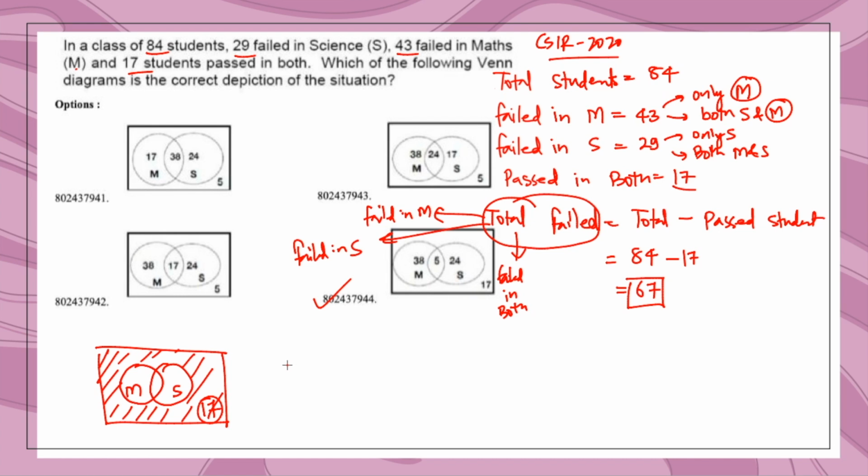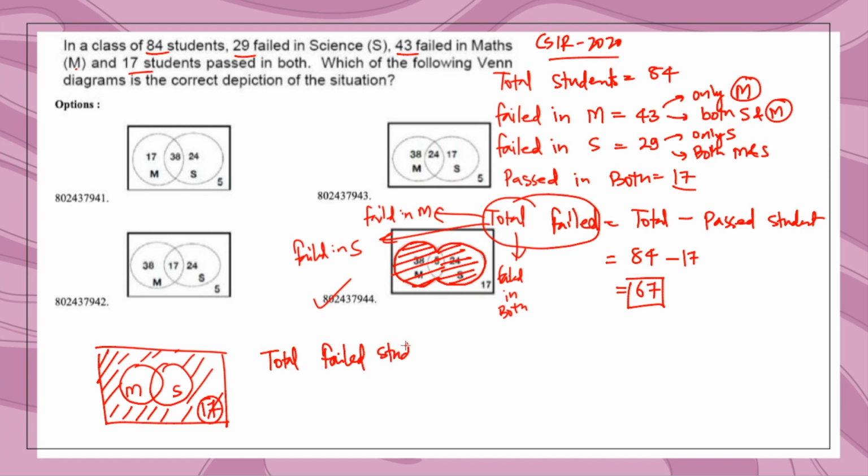In the Venn diagram, the failed students are this whole thing inside the circles. So this is 67.